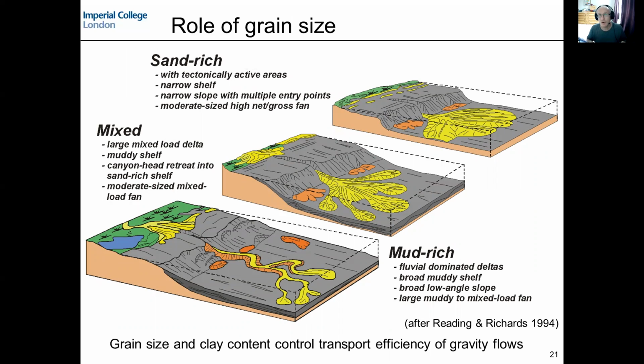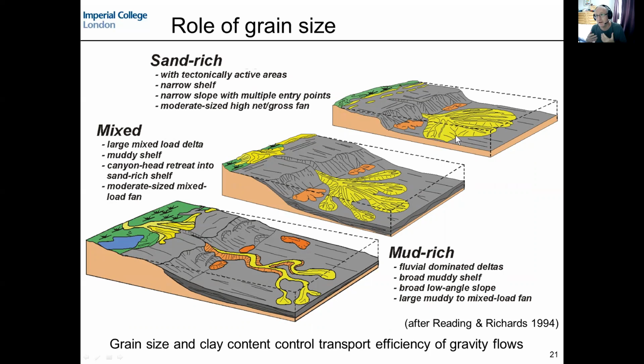One key control on the geometry and the scale of the fans is the grain size that we're supplying. The key thing here is that if these fans are being supplied by lots of sand or by gravel and pebbles, that might be common in tectonically active areas with just narrow shelves, they tend to produce small fans.